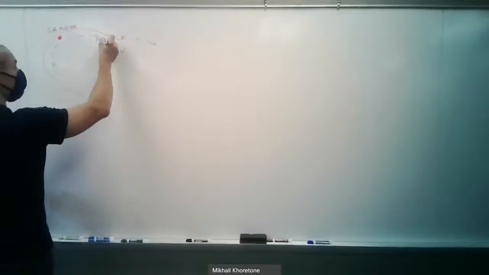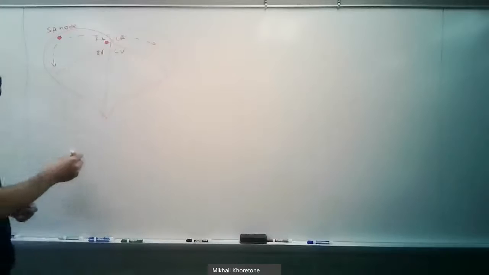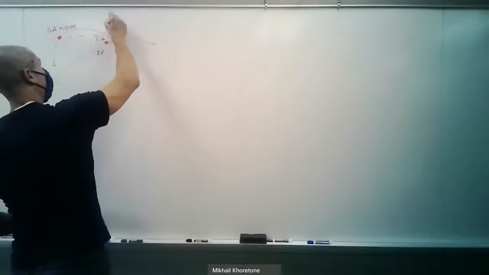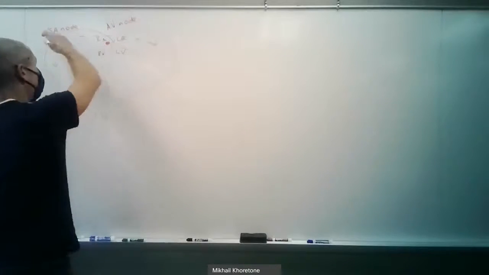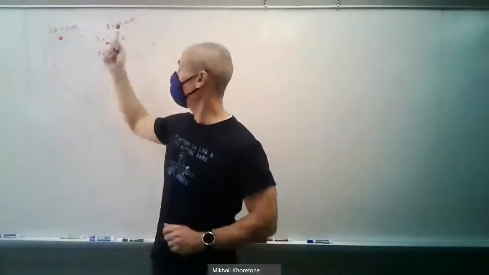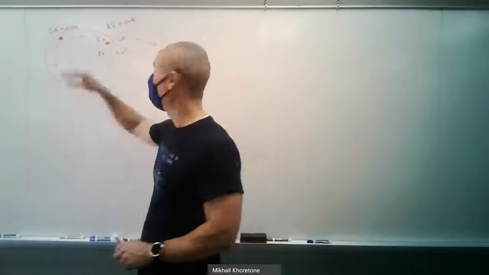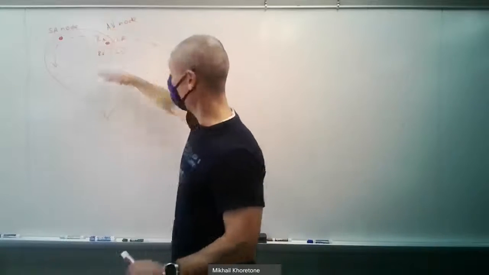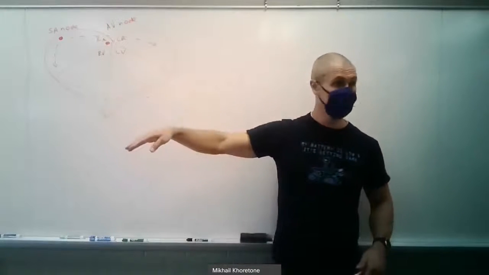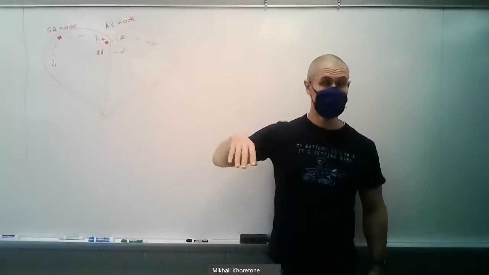Now here, right here, is another node, which is the AV node. So SA stands for sinoatrial, while AV stands for atrioventricular node. That makes sense?